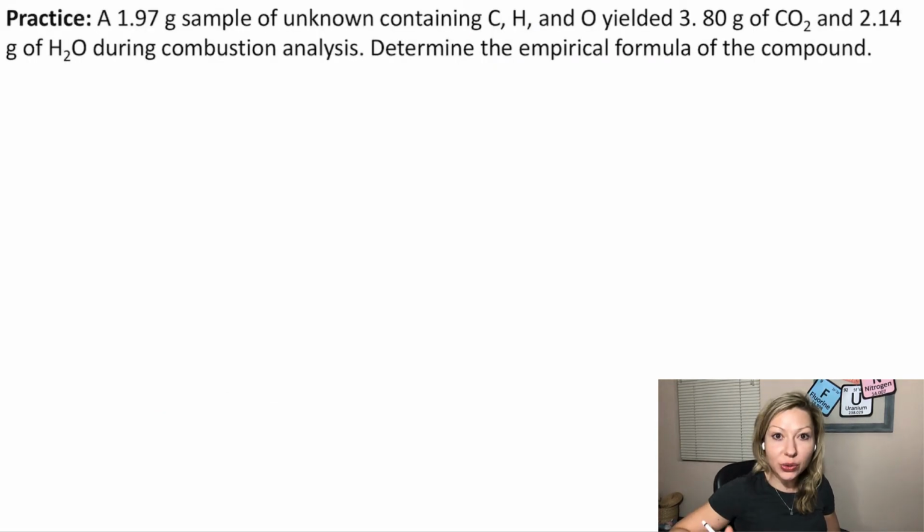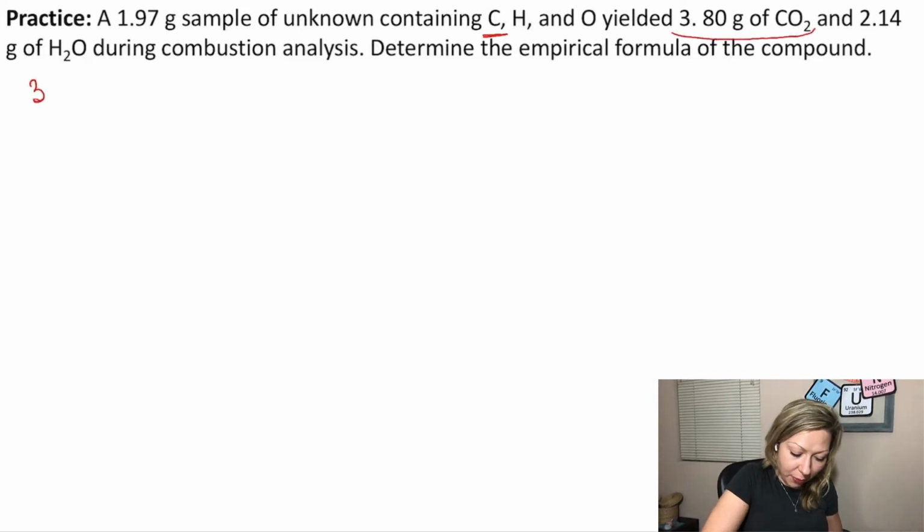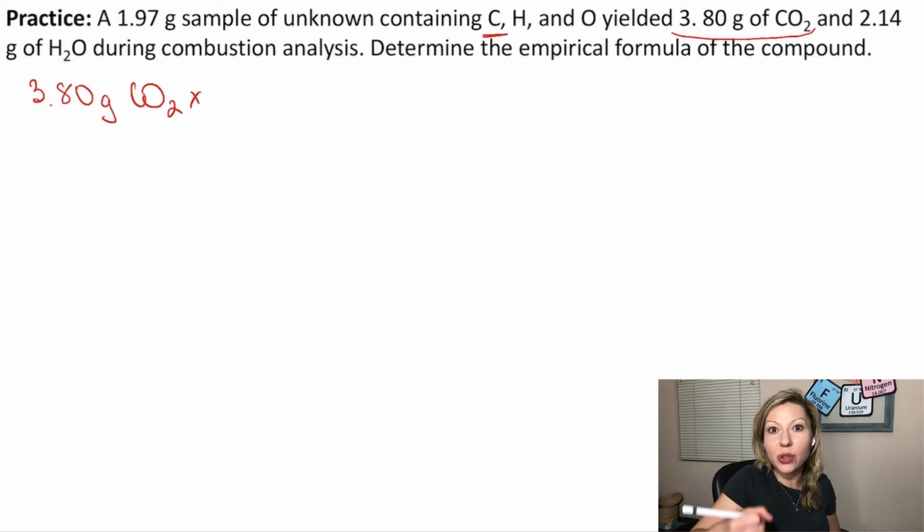I am going to start with figuring out how much carbon was in my original sample using the amount of CO2. So first, I have 3.80 grams of CO2. In order to get the grams of carbon, I have to convert the grams of CO2 into moles of CO2.